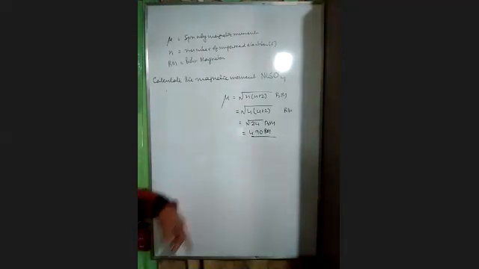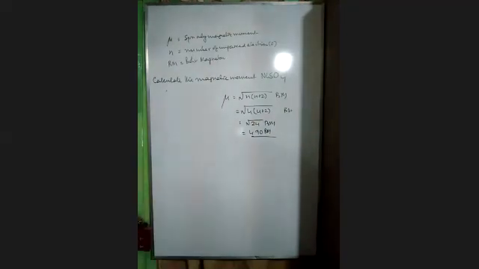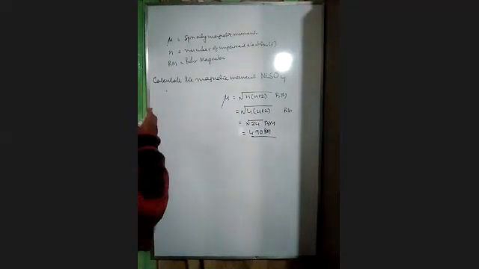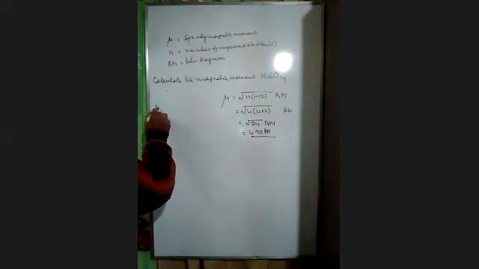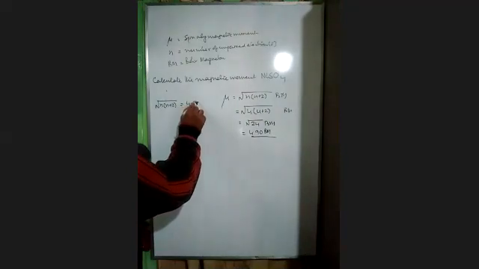They may give you that the magnetic moment of an ion is 4.92. How many unpaired electrons does it have? So in that case, see here, you have to write that root over n into n plus 2 is equal to 4.92.